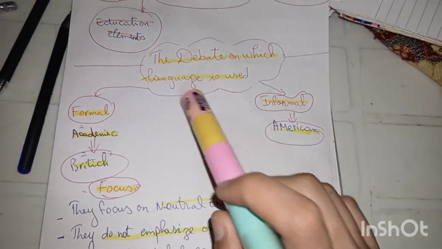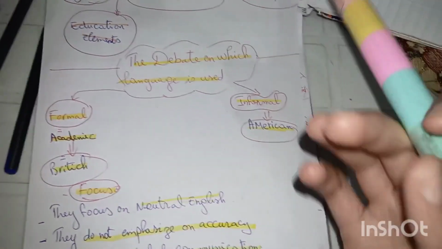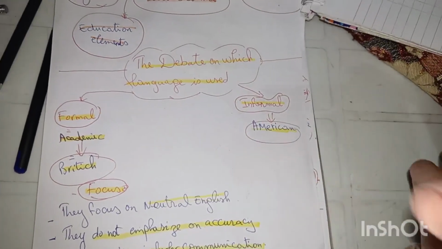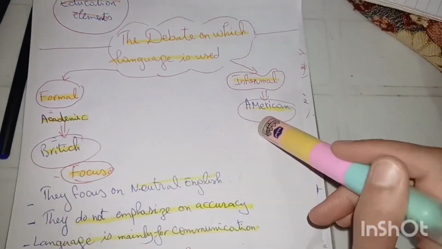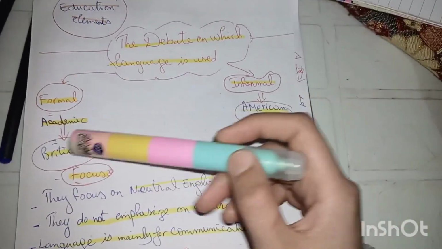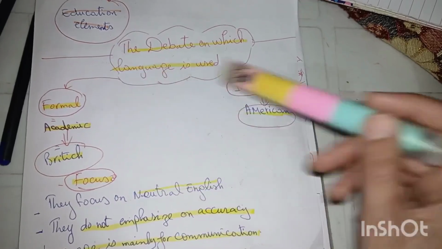And we have the debate on which language is used. For example, certain people debate what language they should use, British or American. The purpose is, we use British because in formal settings we have two main branches.